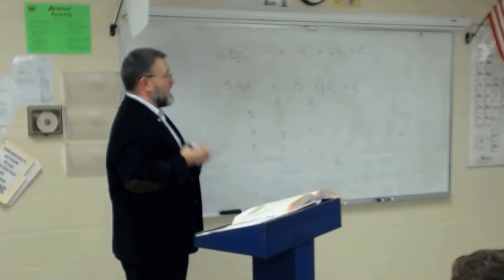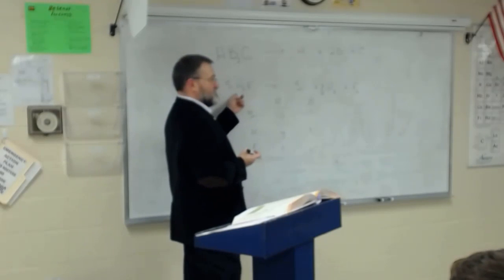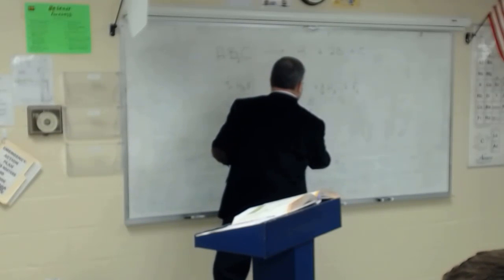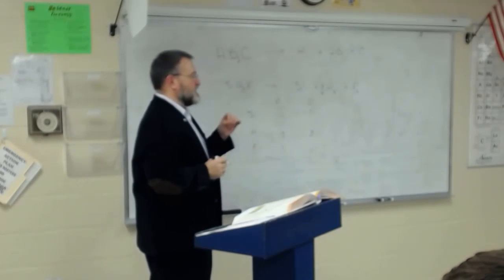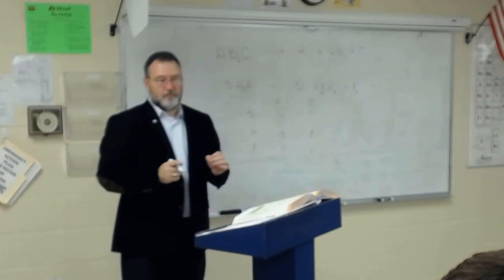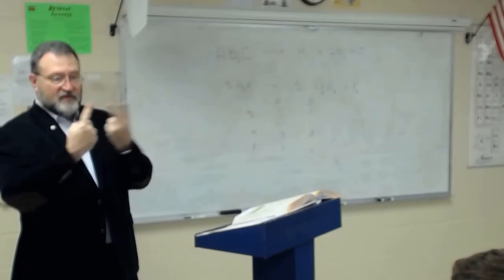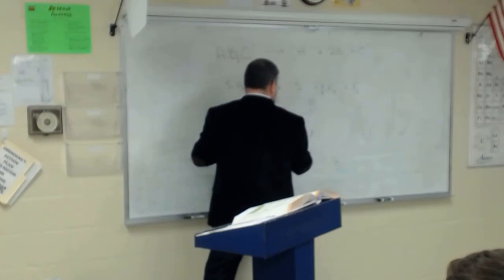I've got 1.5 H2 molecules, which is going to give me 3 hydrogens. Right? So my 2 becomes a 3. 1.5 sets of 2. One set would be 2, plus a half of a set is another 1, gives me 3. So this balances the hydrogens.